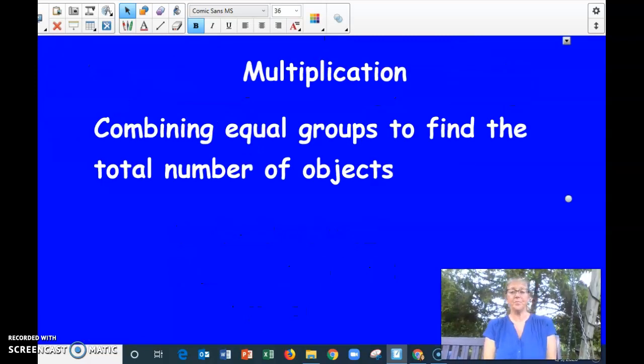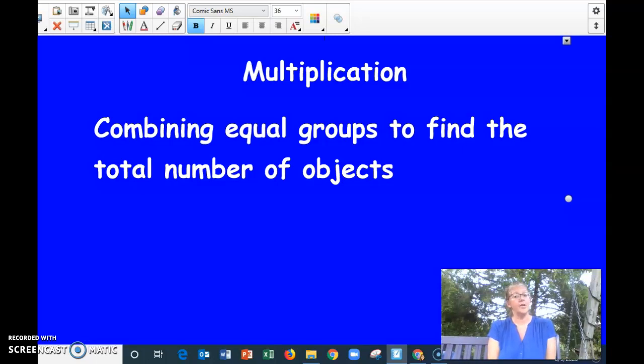Oh, I have to give you the definition of multiplication before we go any farther. Multiplication is when we're combining equal groups to find the total number of objects. We're just not using repeated addition to do it. We're taking a shortcut. Once you know how to multiply, it's so much faster than all that repeated addition.